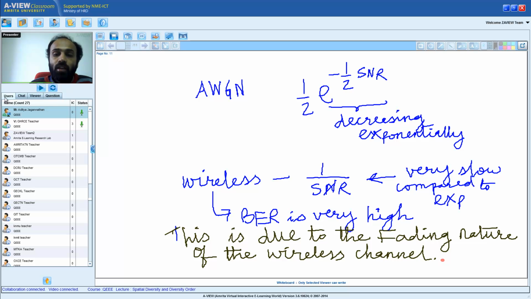So in a wireless communication system, the bit error rate is very high. This is due to the fading nature of the wireless channel.